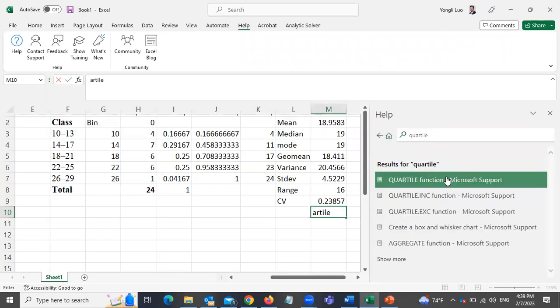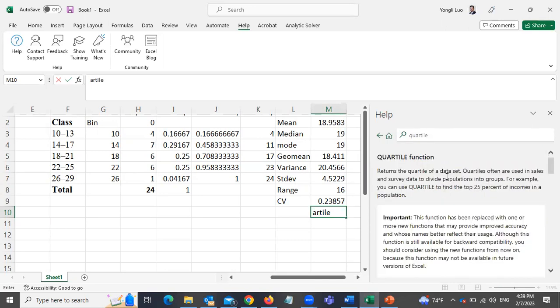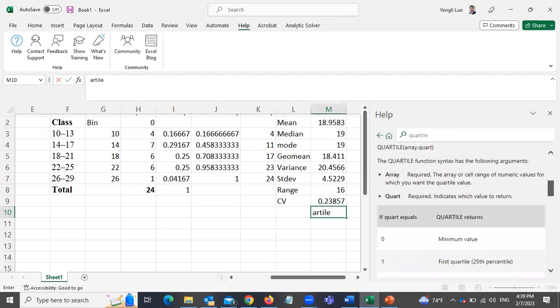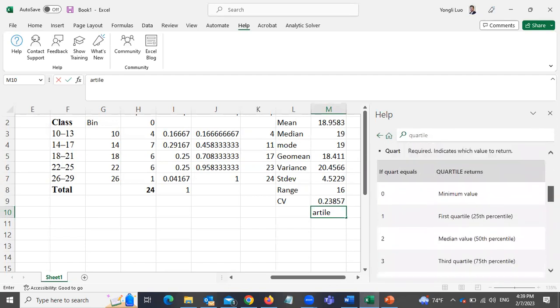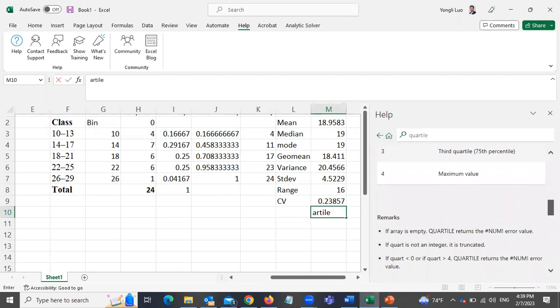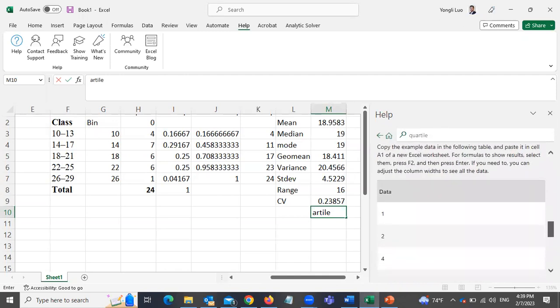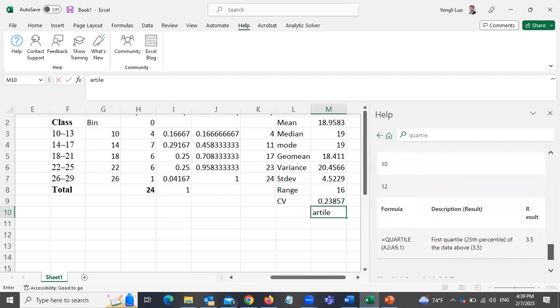You can see the quantile function. They give you some examples, and this is the quantile.